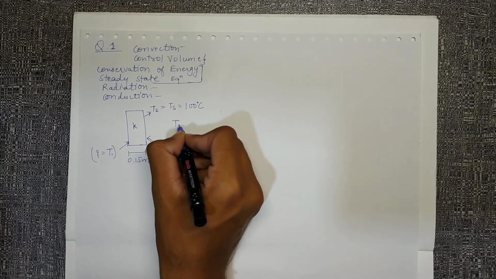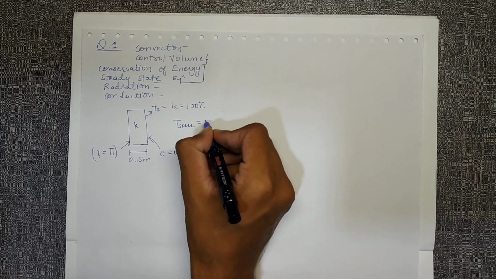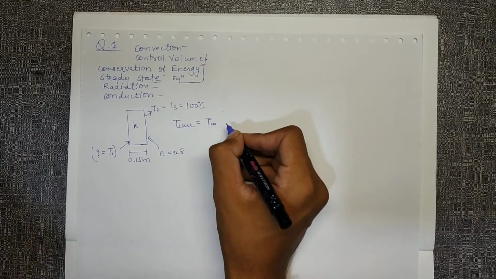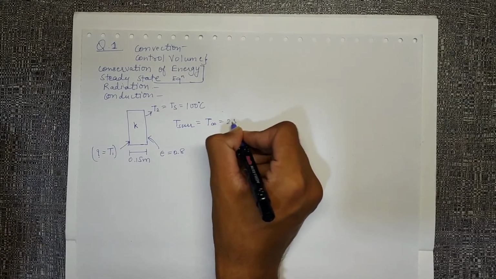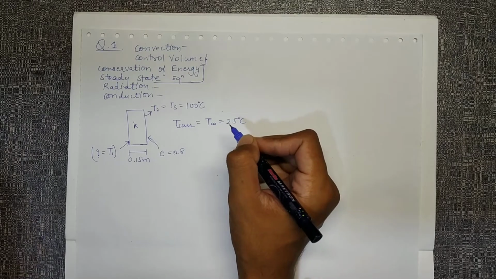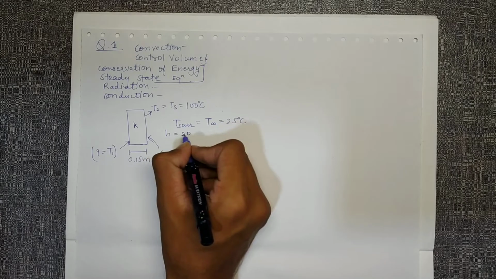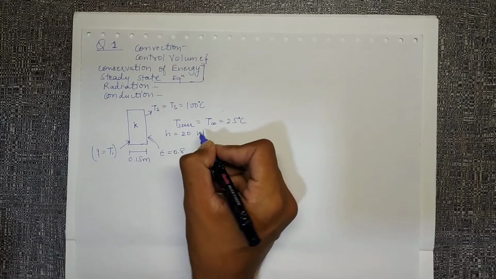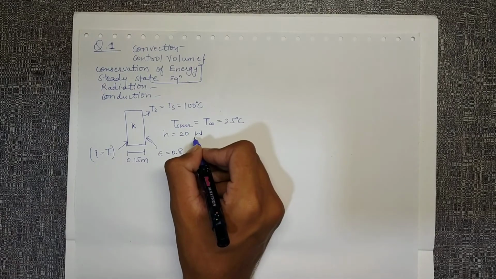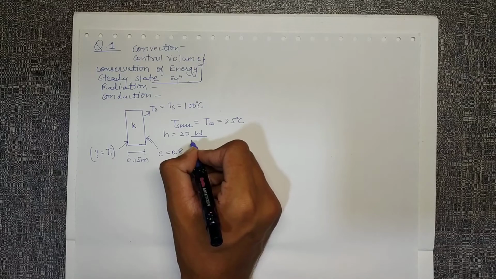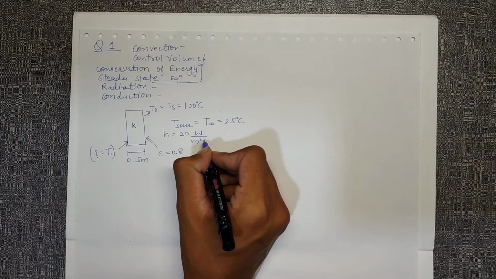Then over here this surface has an emissivity epsilon of 0.8. The surrounding temperature and the upstream temperature of fluid is 25 degrees Celsius. The heat transfer coefficient H of the fluid is 20 watts per meter square Kelvin.